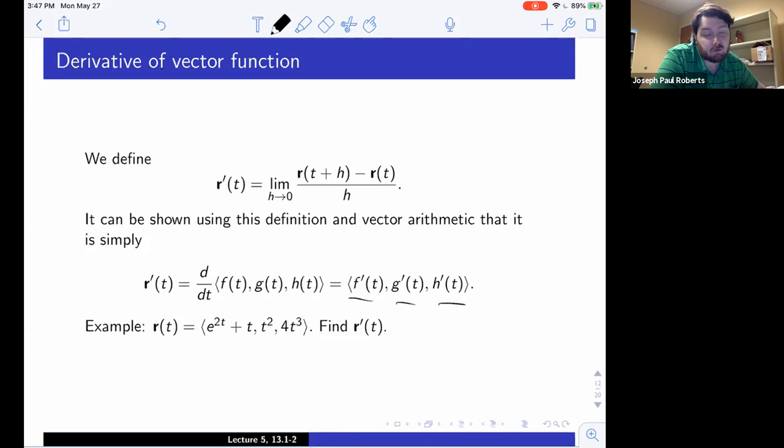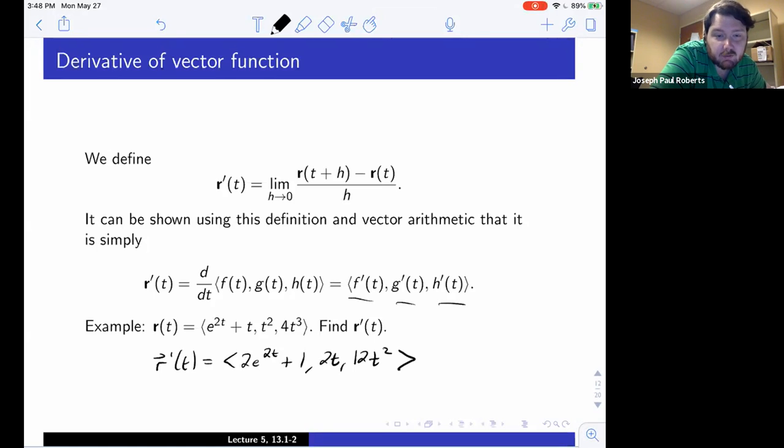So if r of t is f, g, h, then r prime is f prime, g prime, h prime. For example, for that vector equation, we just take the derivative of each component, and that's r prime of t. So nothing too complicated there. Finding the derivative, no big deal.